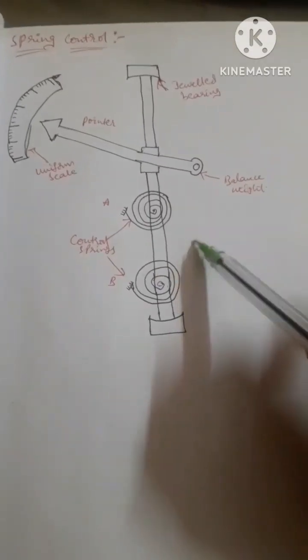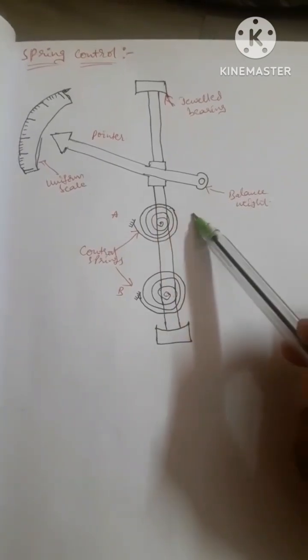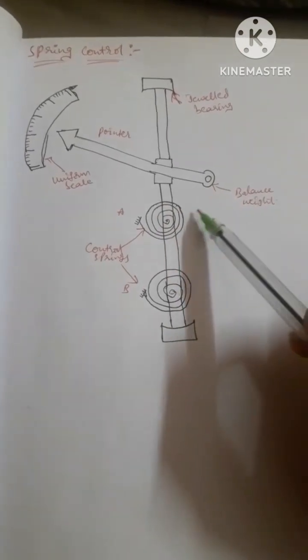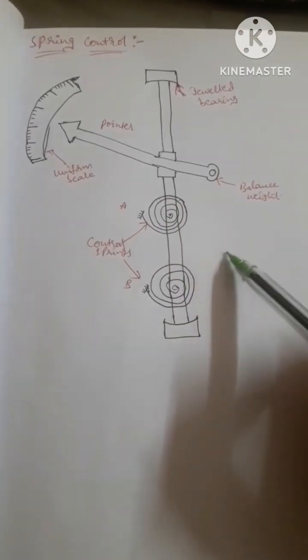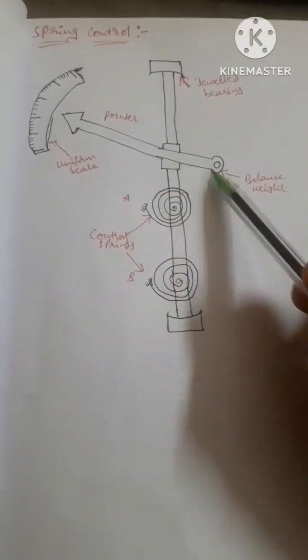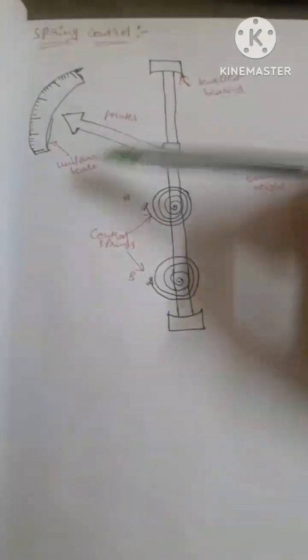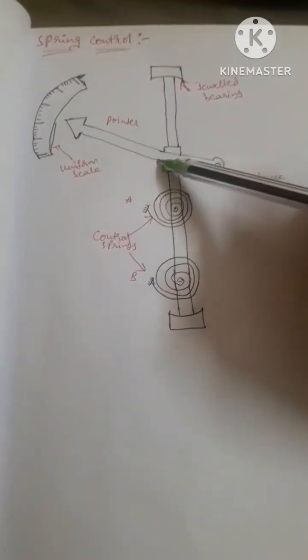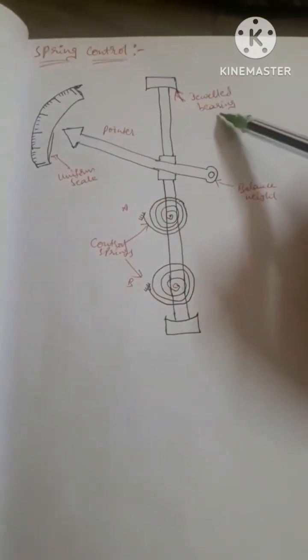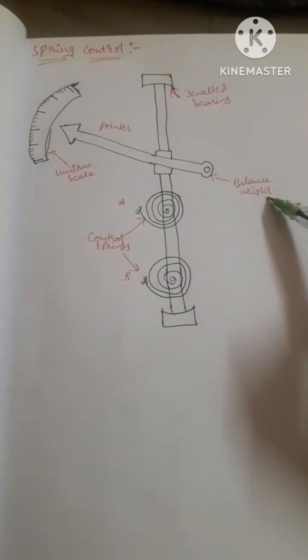What happens here is that the deflection is directly proportional to the angular deflection of the pointer, so it is a uniform scale. This is the pointer, this is the jeweled bearing, this is the balance weight.